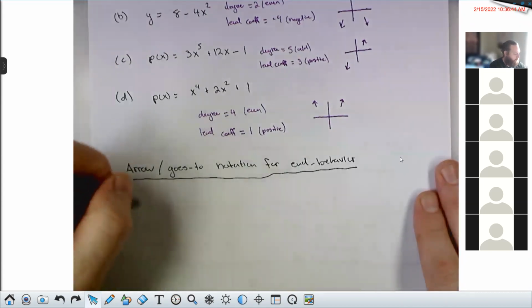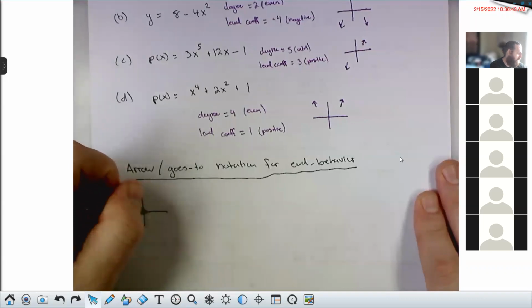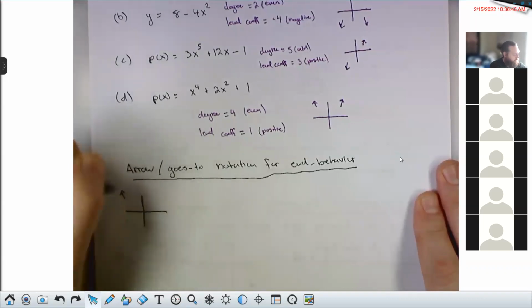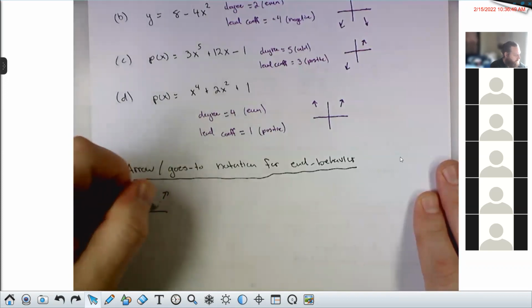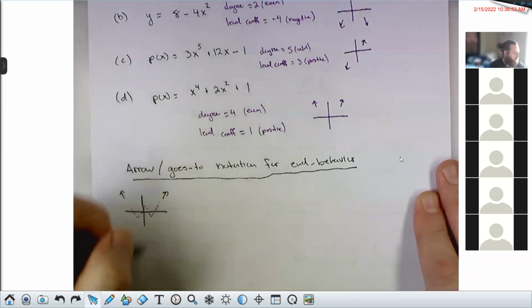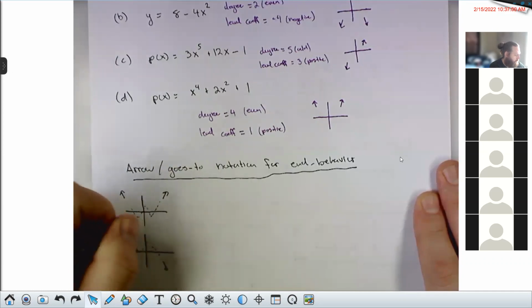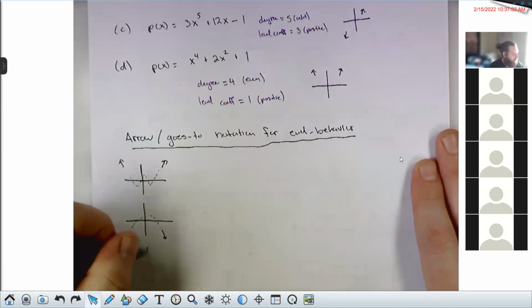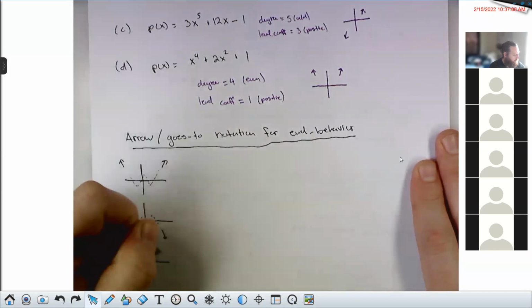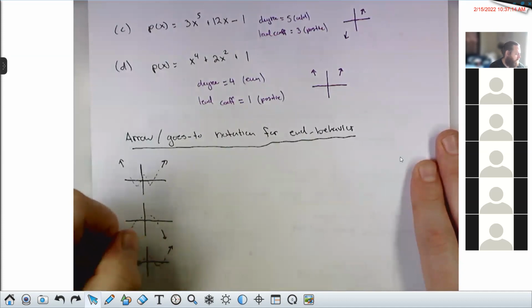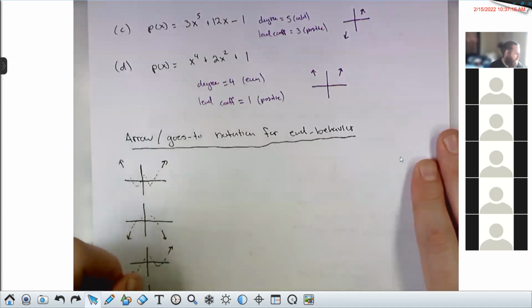I'm going to draw each of these 4 pictures. It's up on both sides here. Down on both sides. Up on the right.